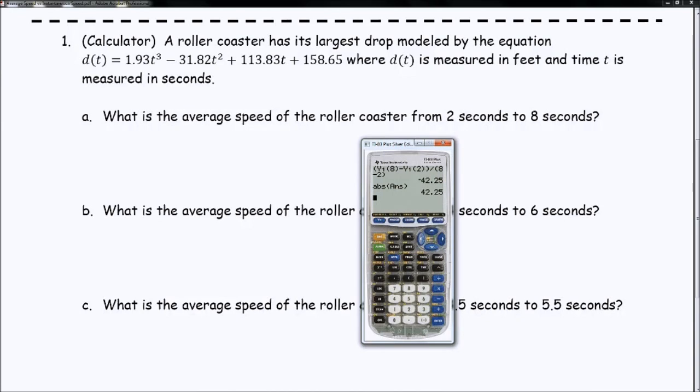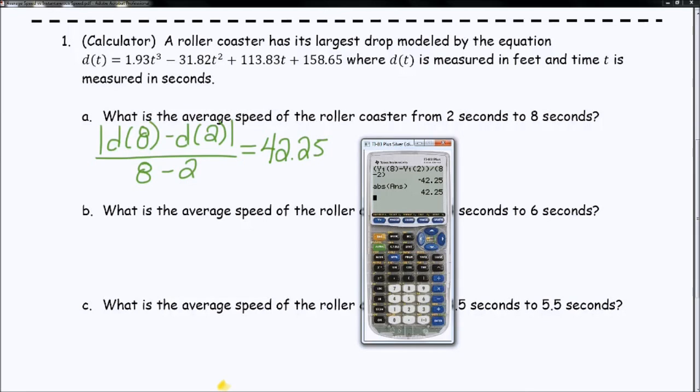So what we really were doing was the absolute value of d of 8 minus d of 2 divided by 8 minus 2, and we found that out to be 42.25, and our units are actually going to be feet per second. So feet per second.